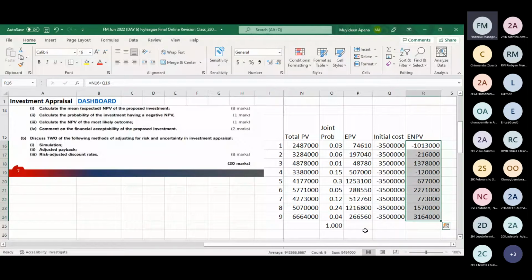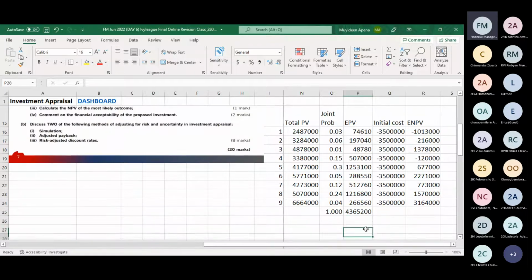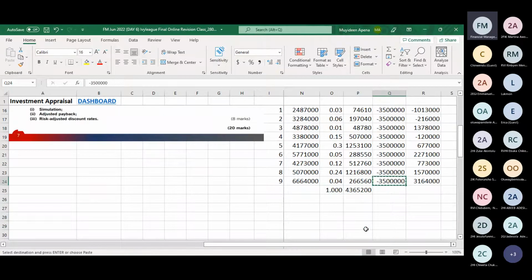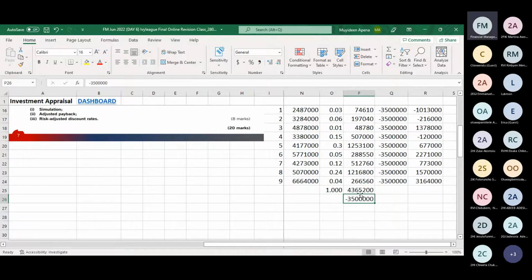Now, if you sum all the expected values here, what do we have? We have $4,365,200. Then we'll now charge 3.5 million to this total. If we charge that to it, we'll get expected net present value for the entire project outcomes, okay?